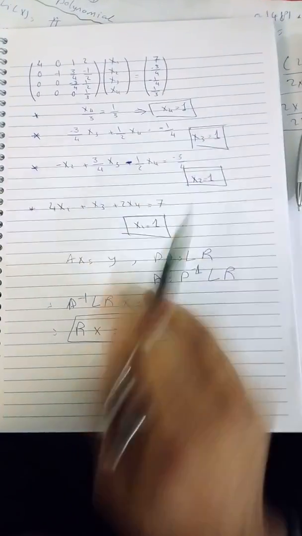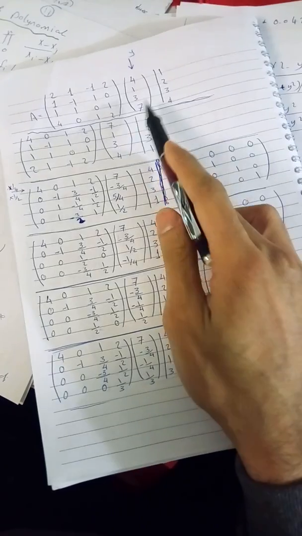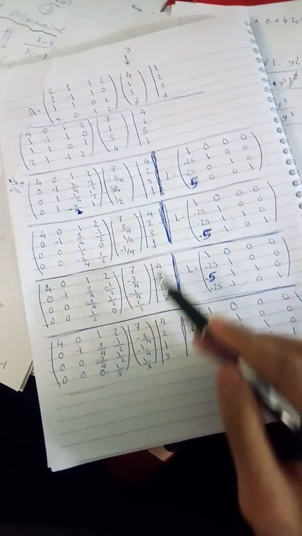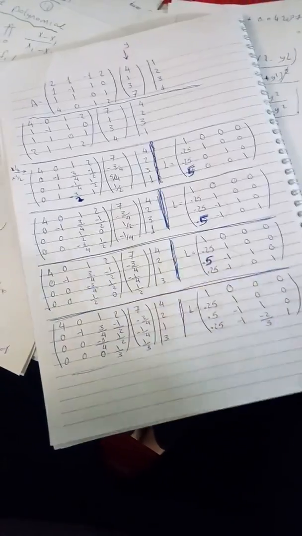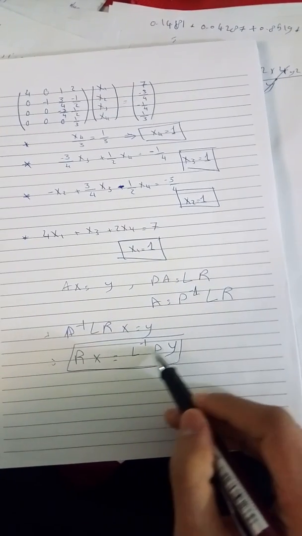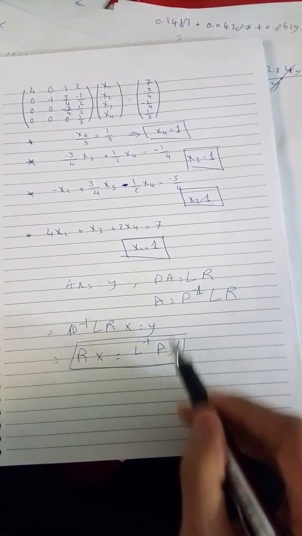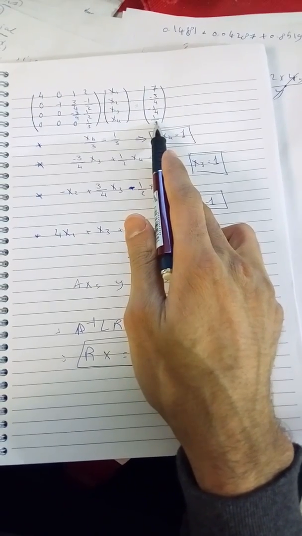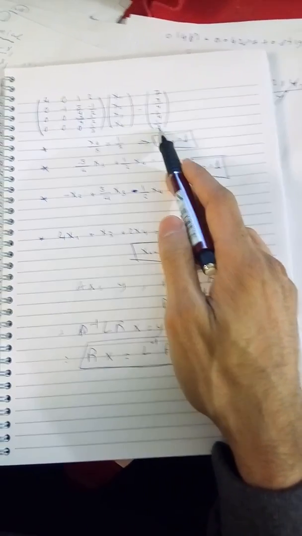And here the results, I mean this y, this is the original y, but it has the rearrangements and everything, and it has multiplied by L, and it has continued with our process. So here is L inverse py. This column, we can say it's L inverse py.